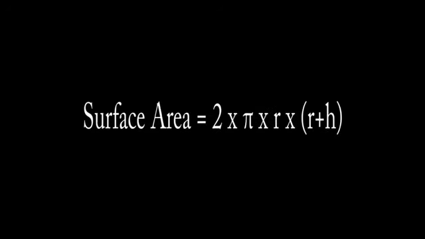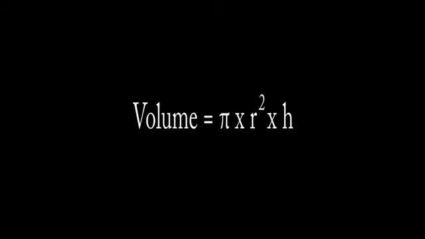To find the surface area and volume of a cylinder, the formula is surface area is equal to 2 times pi times r times (r plus h). For the volume, pi times r squared times h.